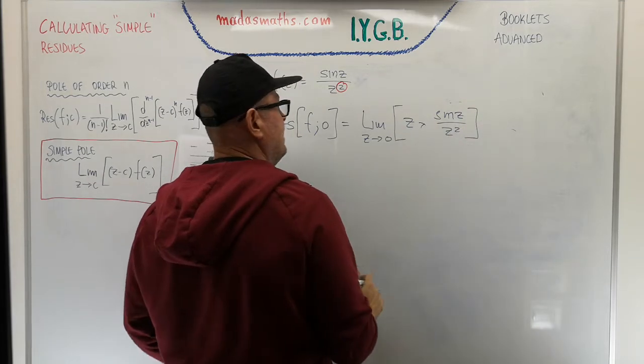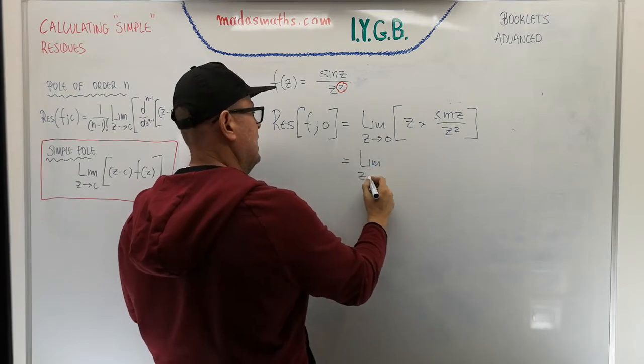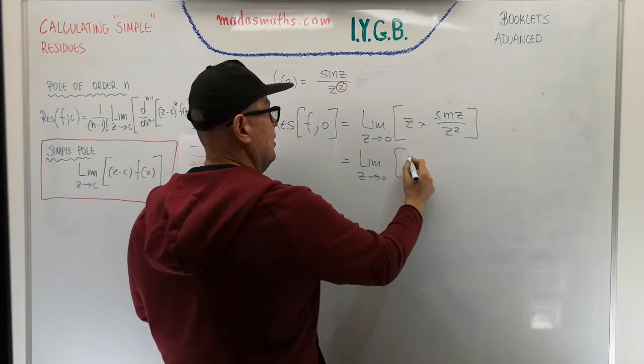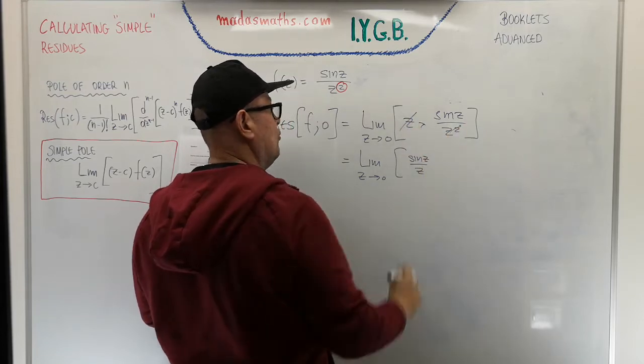Now it doesn't quite cancel, so this will give us the limit as z tends to 0 of sine z over z.